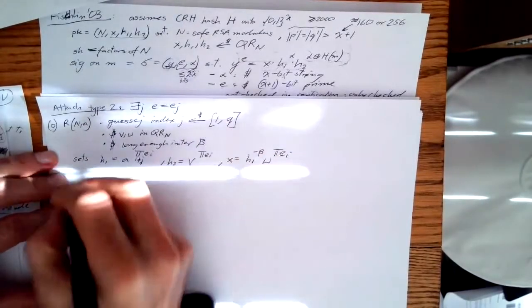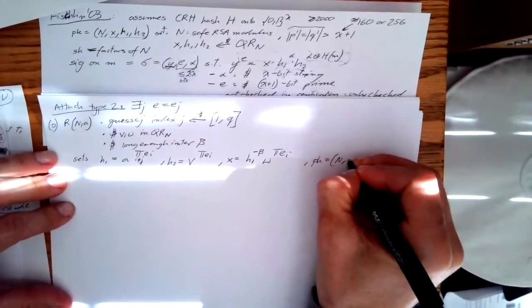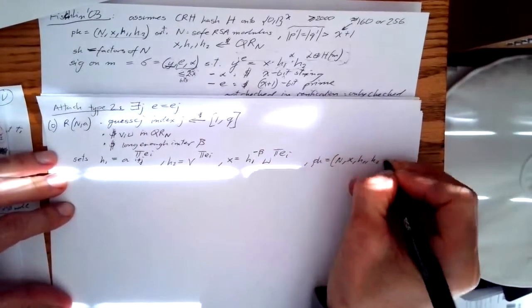And of course, the public key will be n, x, h1, h2.